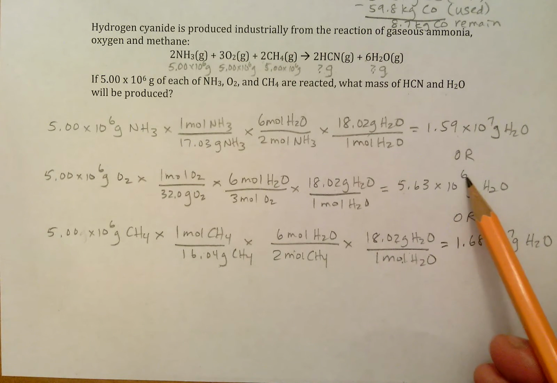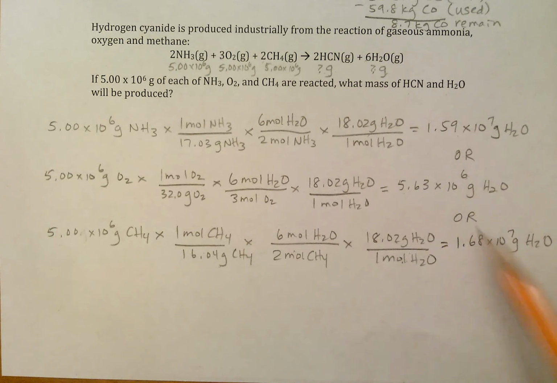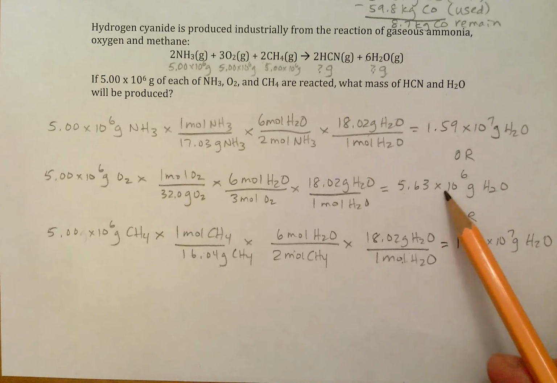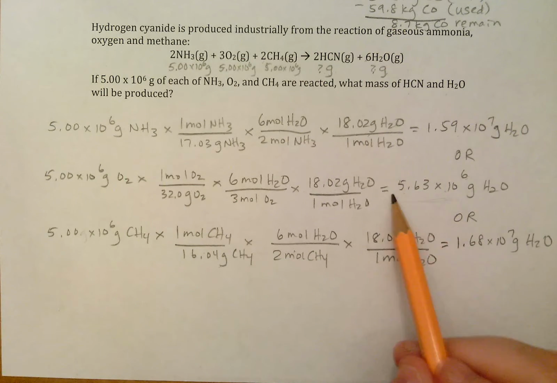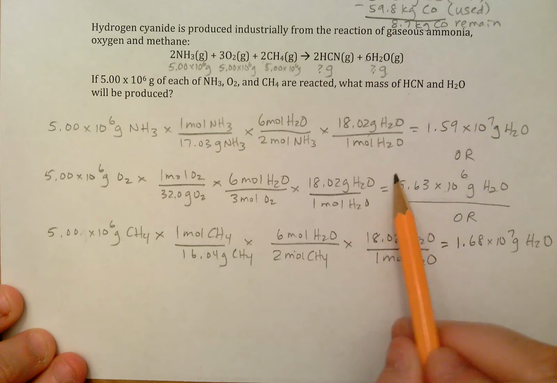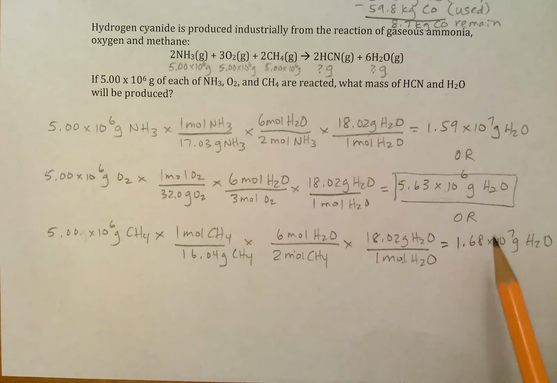So the one with the least exponent definitely wins. This is a smaller number than any of these. Okay, so this is the theoretical yield of H2O. This will be the one. And so that means that oxygen is our limiting reactant. I'm going to put limiting reactant right there.